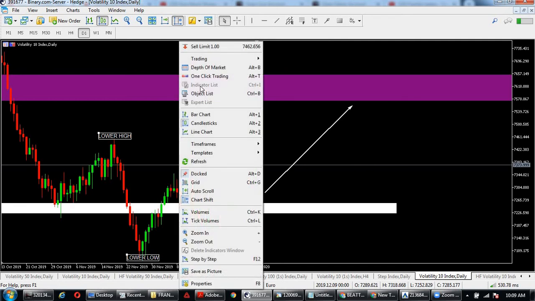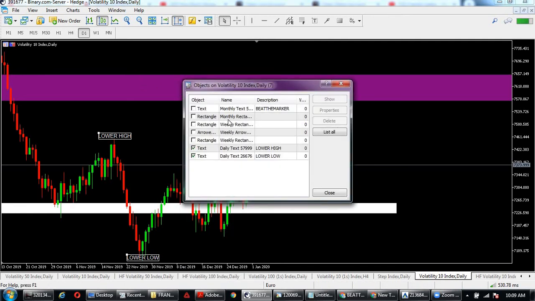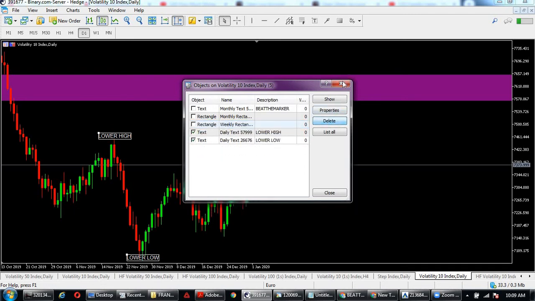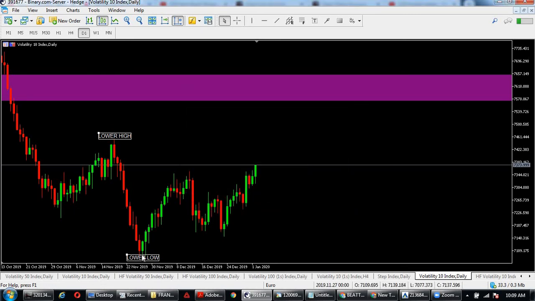Let me take out this. And price now came and made a lower low and then a lower high.